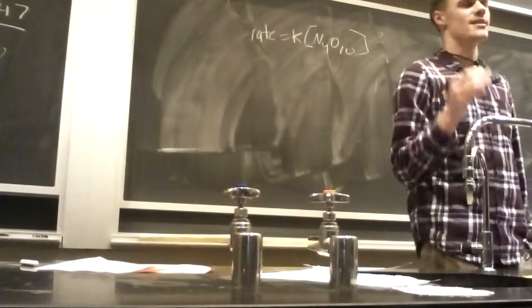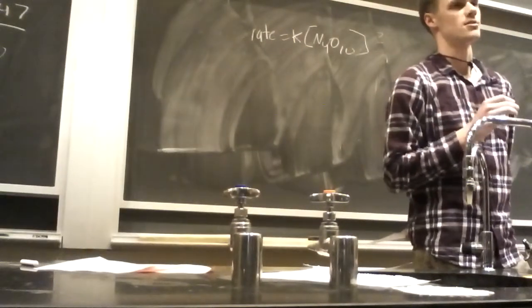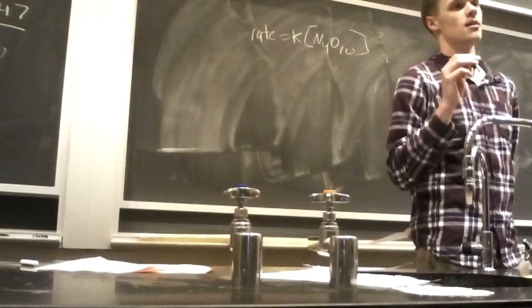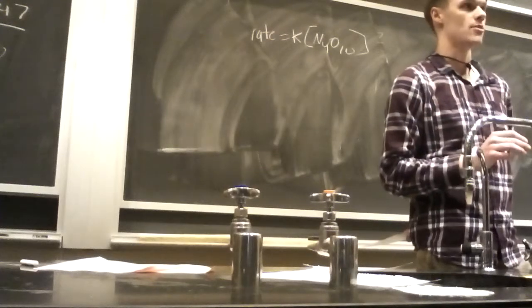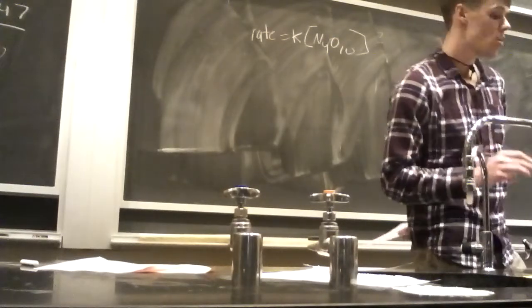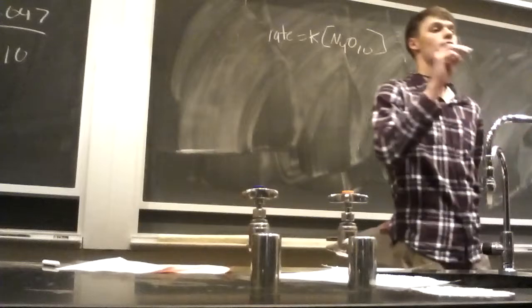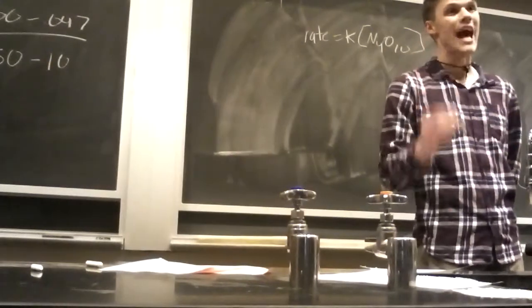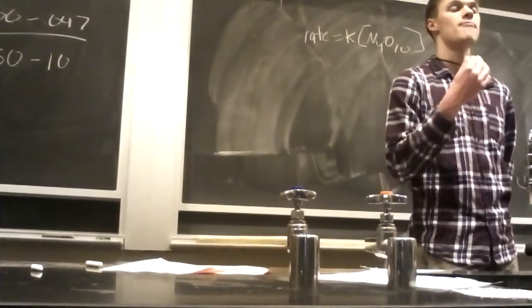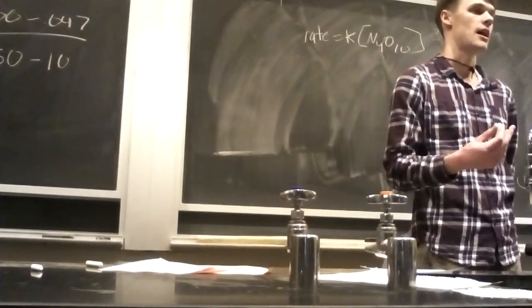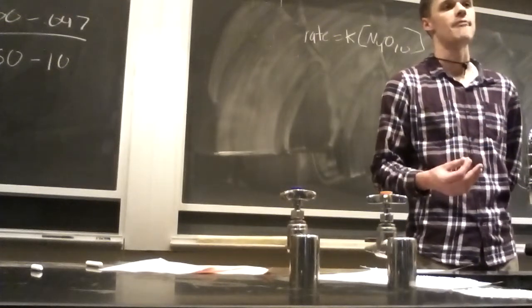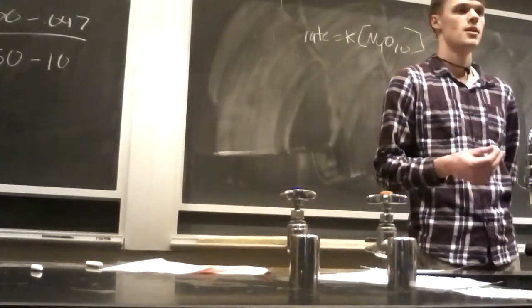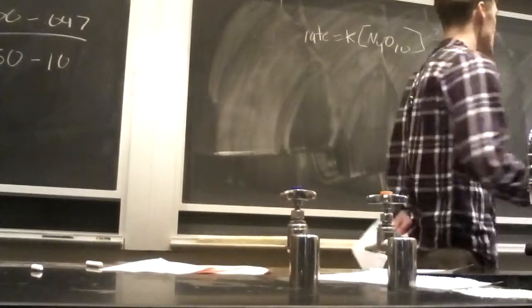But now you should look at that and say, oh crap, that doesn't look right, because we cannot have intermediates in our rate law. All right? So you have to solve for the concentration of your intermediate in terms of reactants. A reactant is something that we know the concentration of, okay? And that's a key idea that you need to have when you're dealing with these problems. You can never have an intermediate in your rate law.